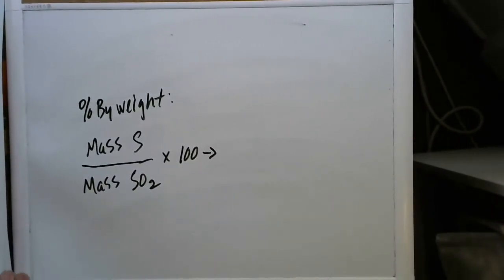Okay, so I've got to look at the periodic table real quick. Sulfur 32.07, right? 32.07.